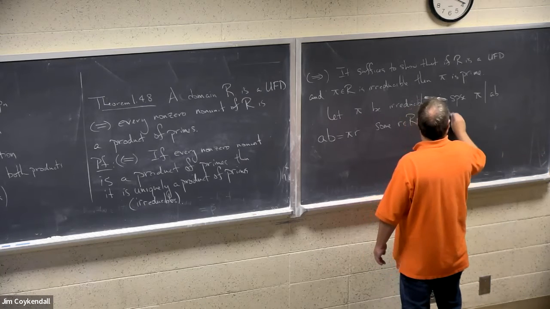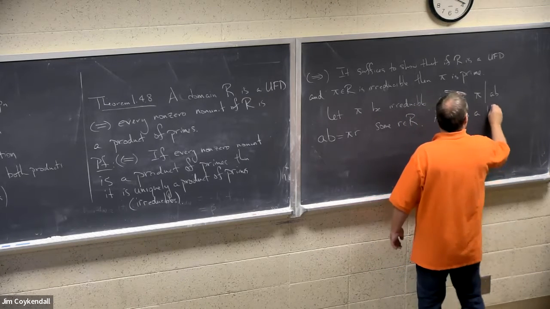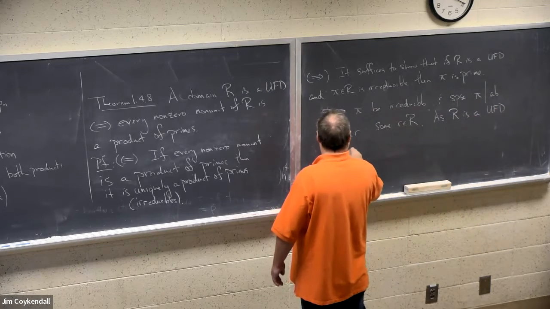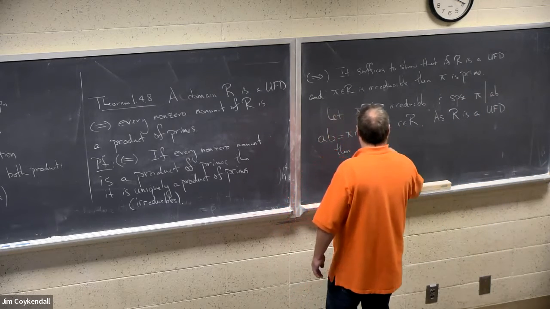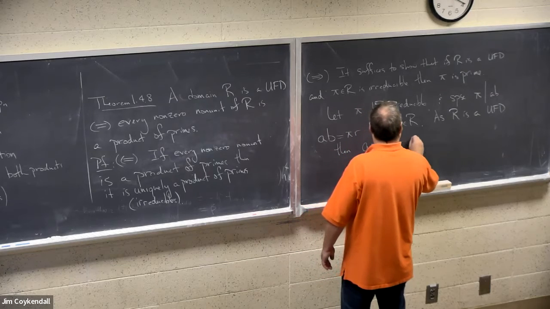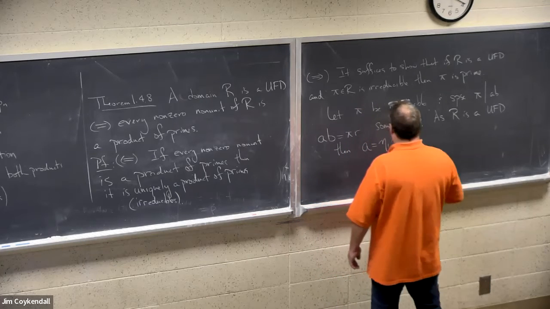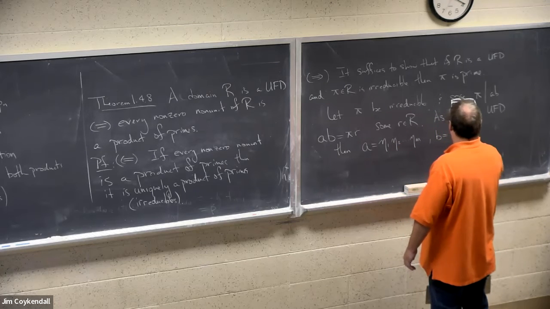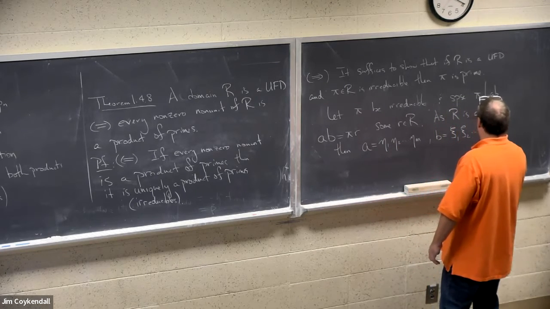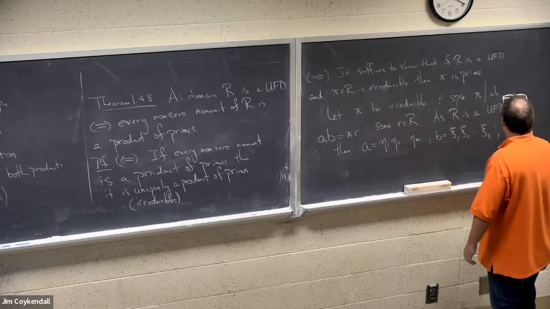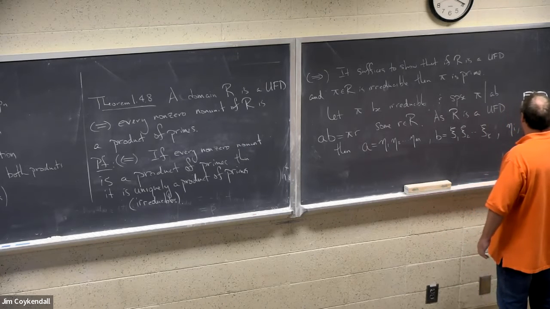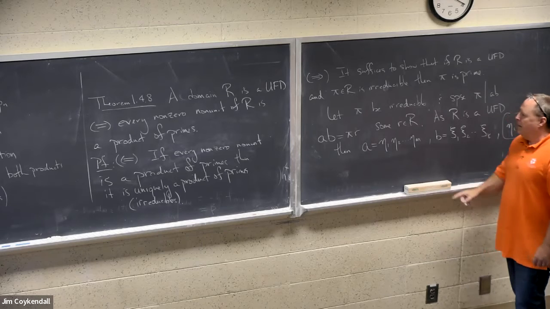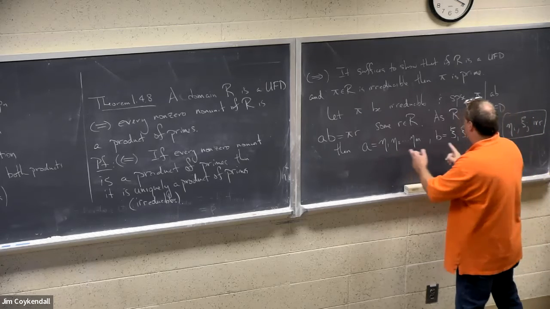As R is a UFD, then A is equal to a product of alpha i and B is a product of omega j, with alpha i and omega j irreducible. Right? So this is a unique factorization.